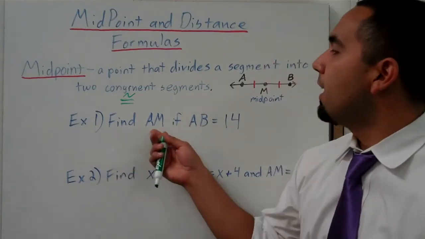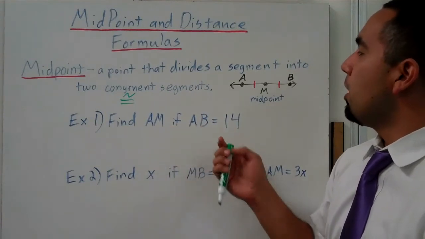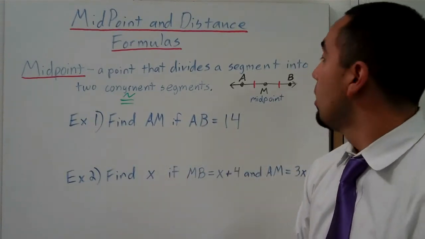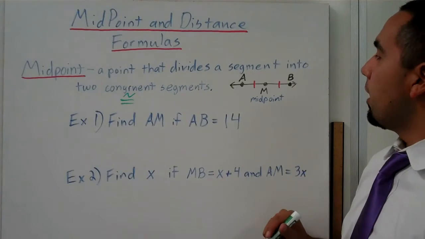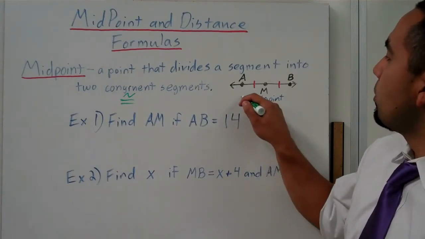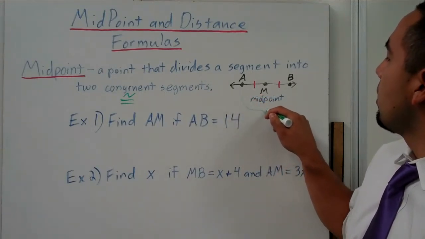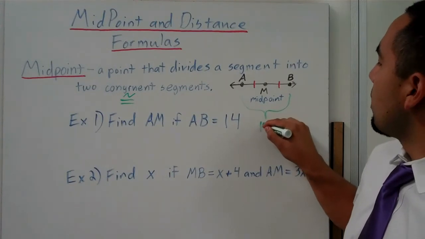Find AM if AB equals 14. I'm always going to look back at my diagram, and it says AB equals 14. Well, AB is the whole thing, right?